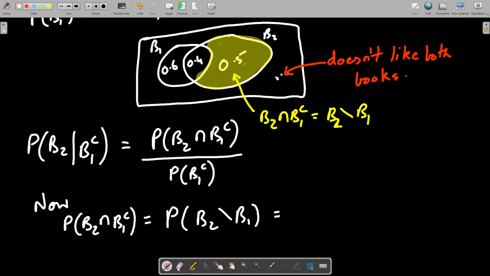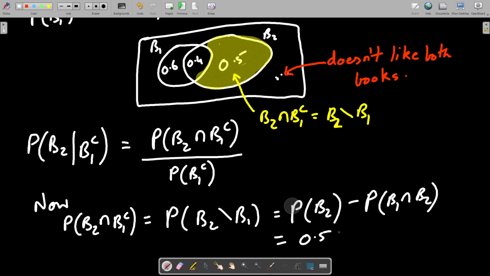Okay? So this will become the probability of B2 minus B1, so that will be 0.5 minus 0.4, which is 0.1. And the denominator is just the complement of B1.